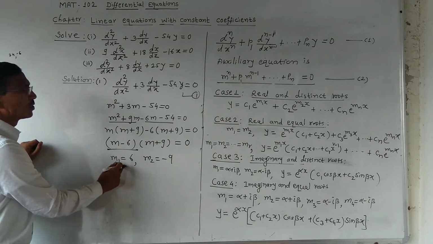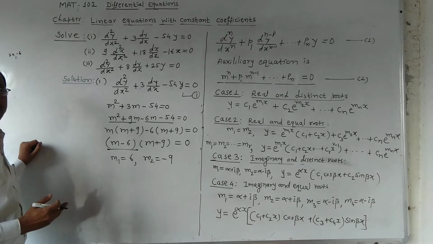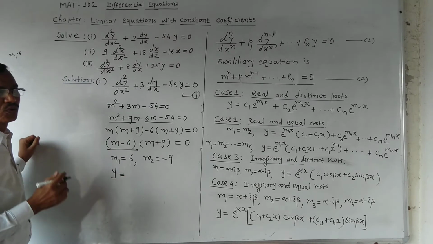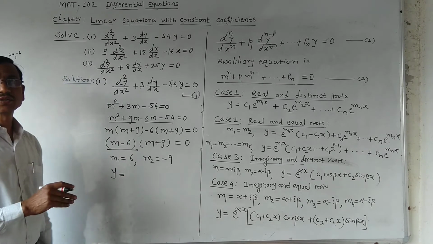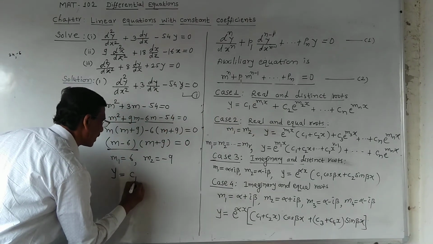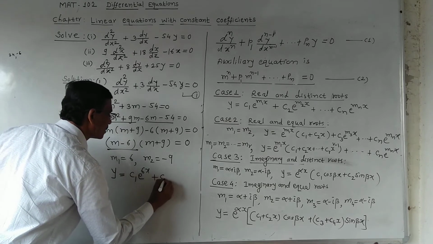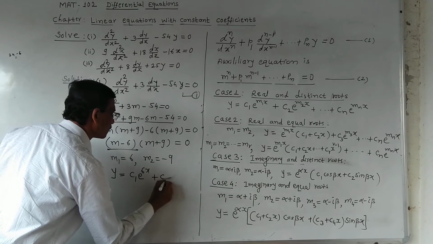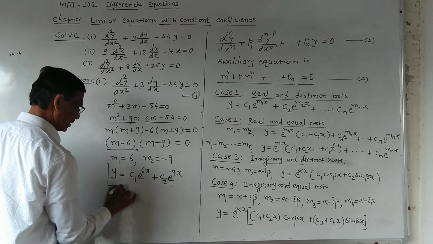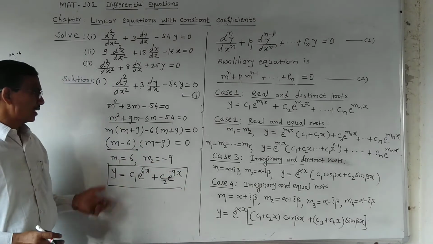Therefore, we have to write that the roots are real and distinct, and therefore the solution is given by y is equal to c1 e raised to m1x, that means c1 e raised to 6x plus c2 e raised to m2x, that means minus 9x. This is our solution of the given differential equation.